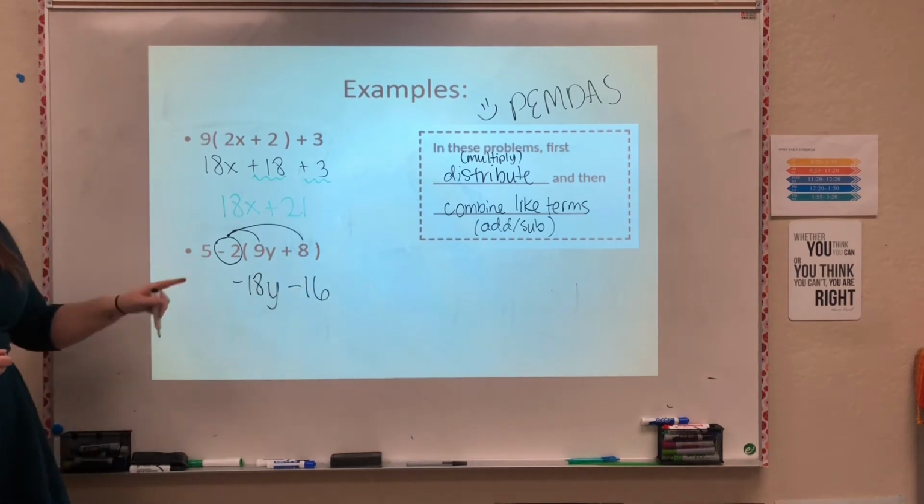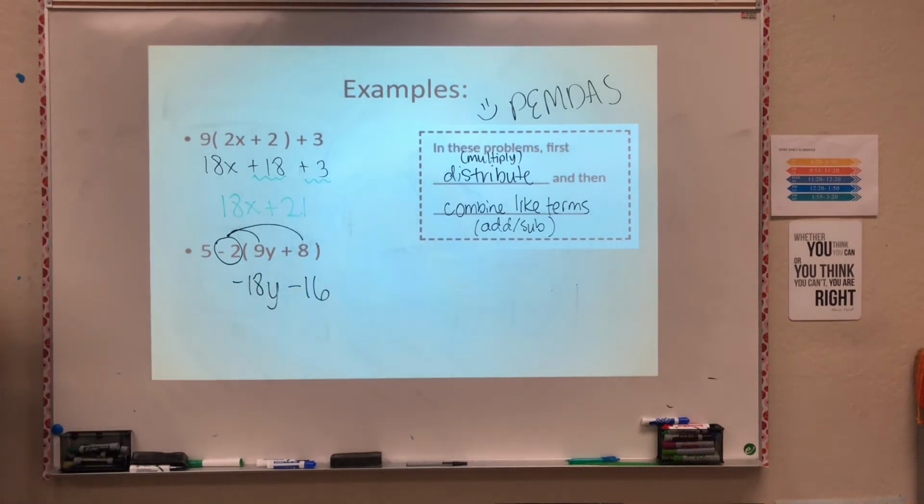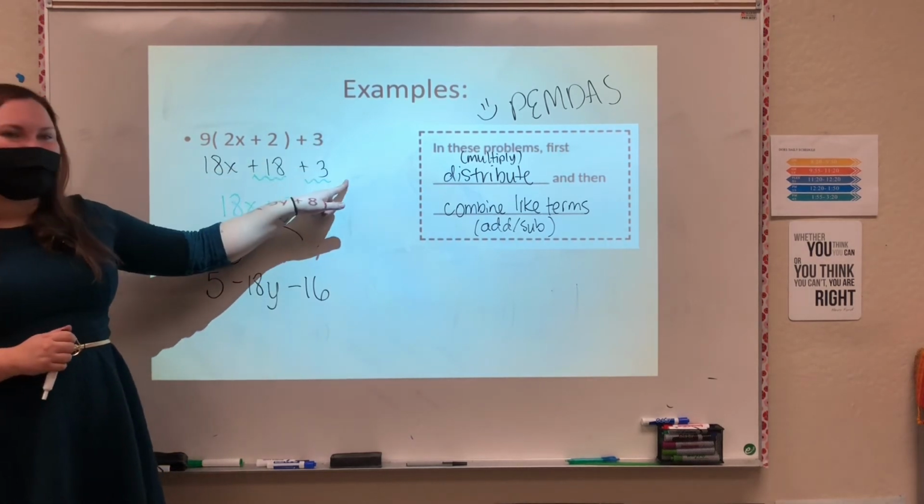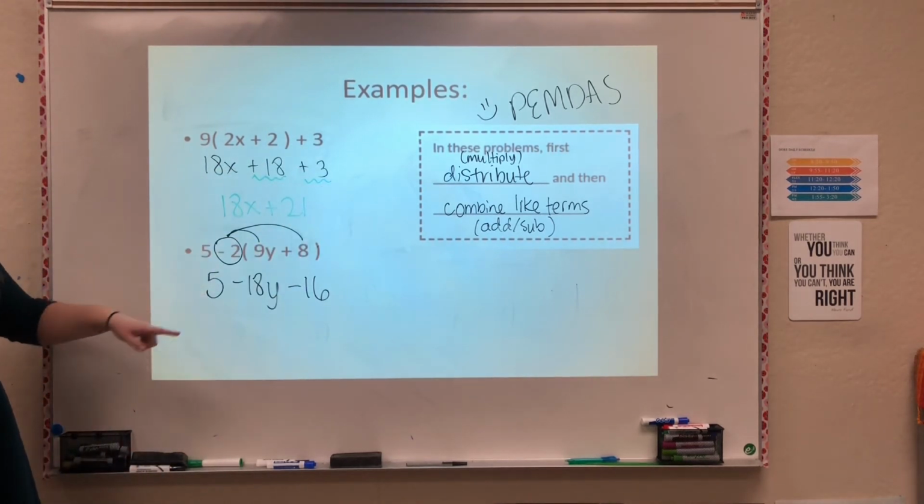What about that 5? That'll be 5 minus 18y, minus 16. Yep, you got it. Same thing we did here where we just brought it down. Anything else you want to do with this problem?